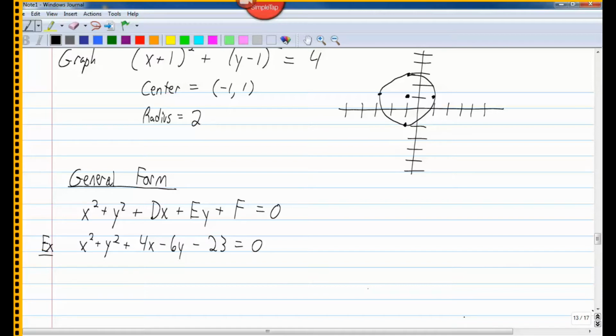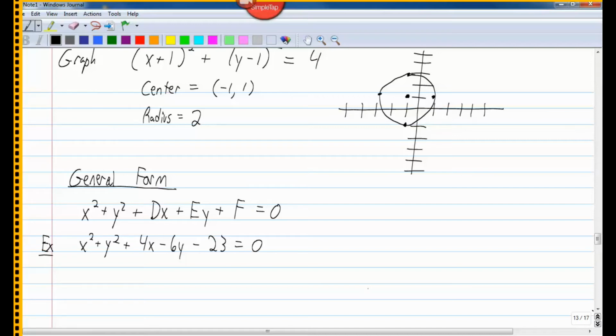Now looking at this equation, what can you tell me? You really can't tell me anything. You might think, hey, I could just move this 23 over and maybe I could tell you the radius. That's not the radius.